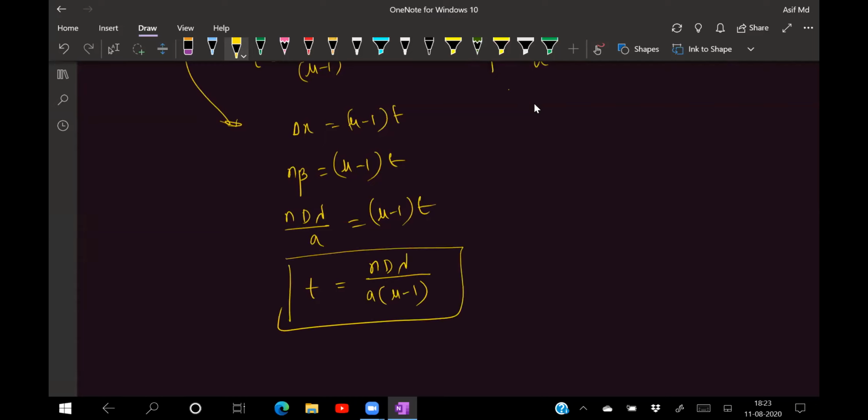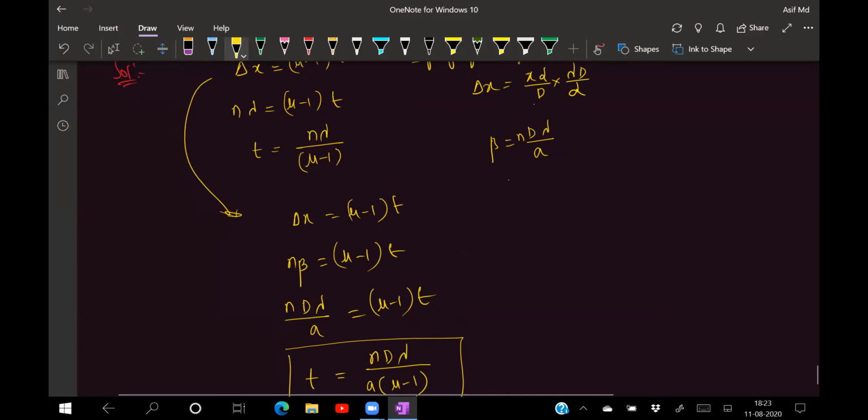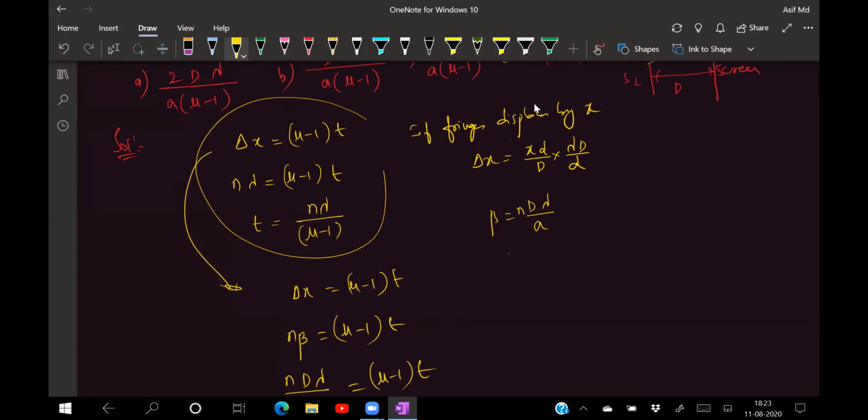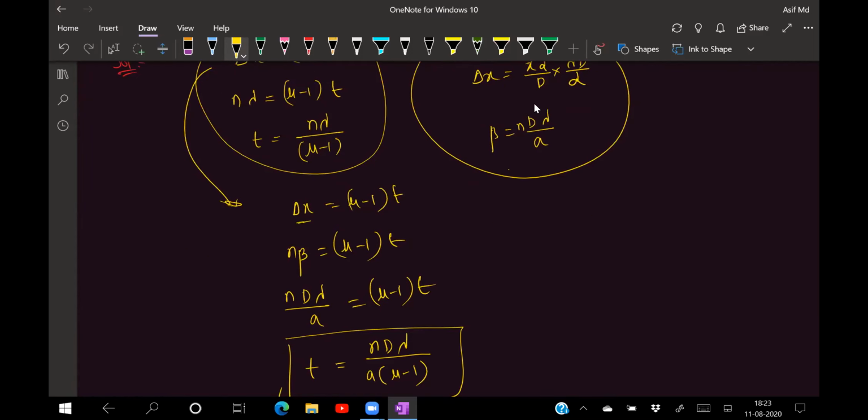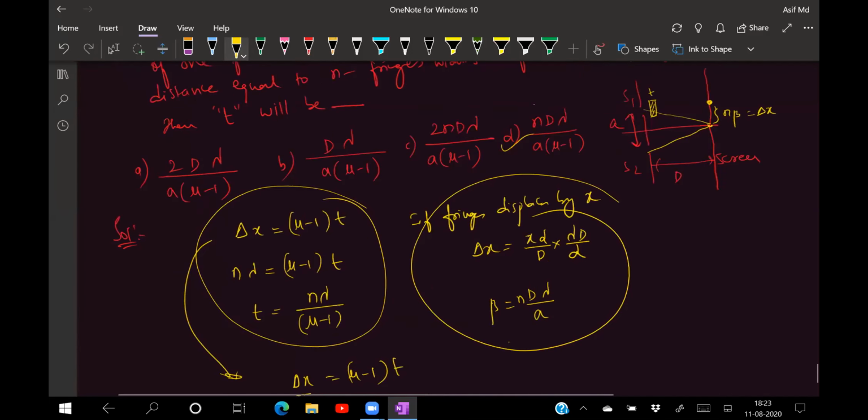This is our general condition, and the fringe width formula I also know, but the condition says delta x is equal to n times beta. He's telling that in the problem. I hope you got this.